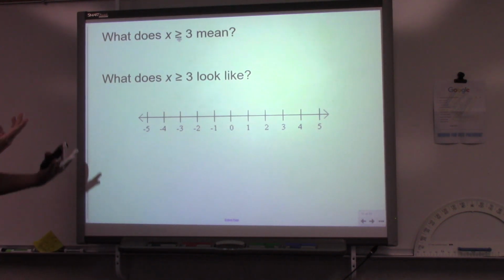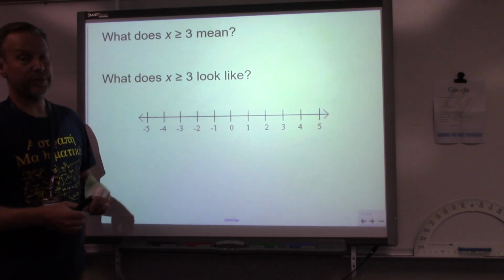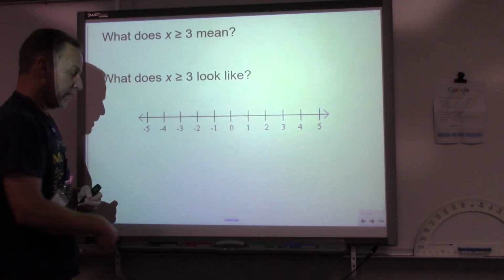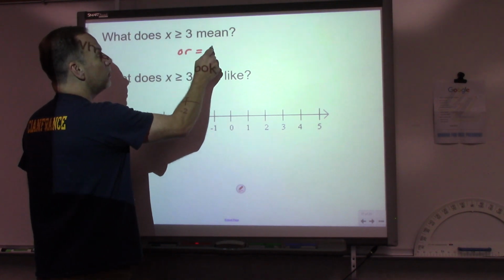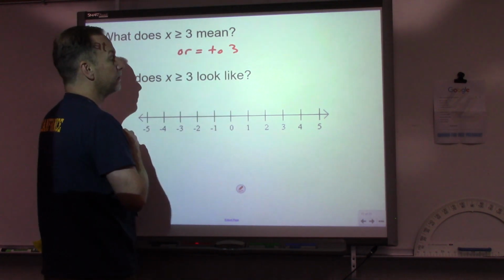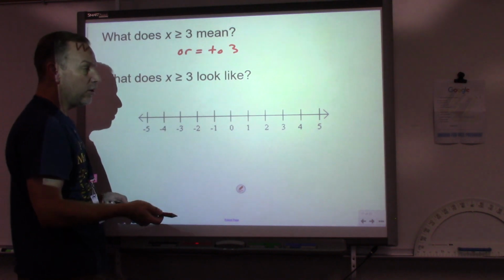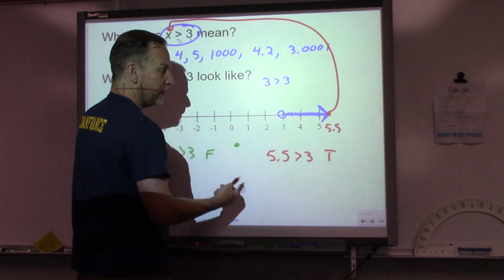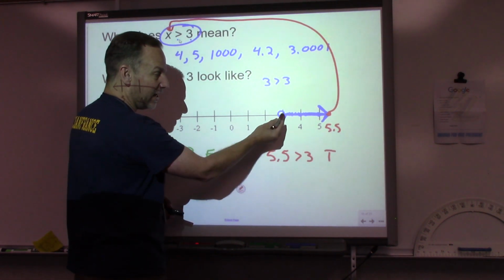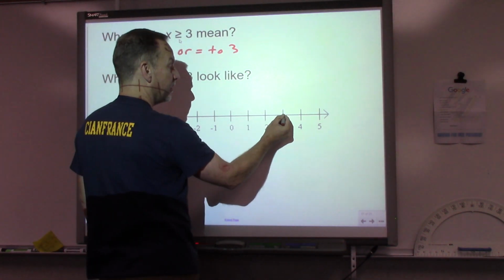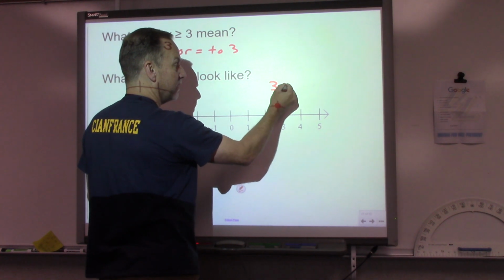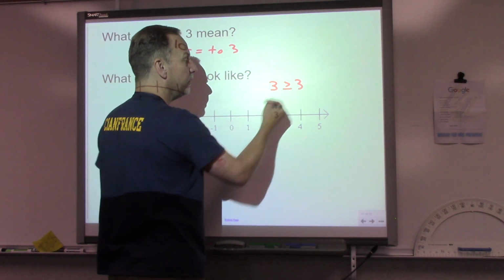Okay. Very, very similar looking statement, except now it doesn't say x is greater than 3. With the little bar under it, that says x is greater than or equal to 3. So it's all of the same numbers that we had here, except now that dot that we originally said didn't work does work, because this dot makes the statement 3 is greater than or equal to 3.